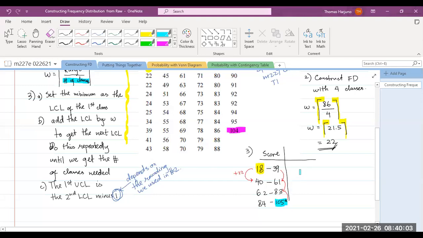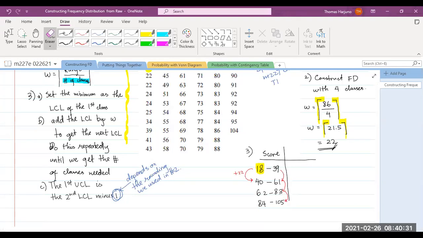Some of them still have the notion that the last upper class limit has to be the same as the maximum, which is not true. What you need to do to get that last upper class limit is add class width again. That's how you do it.